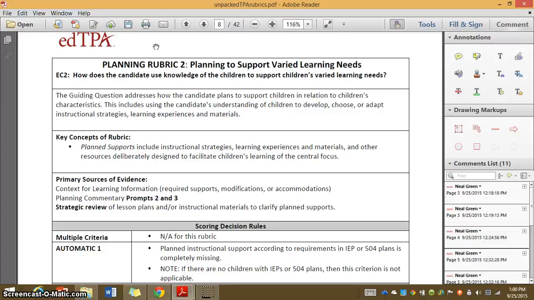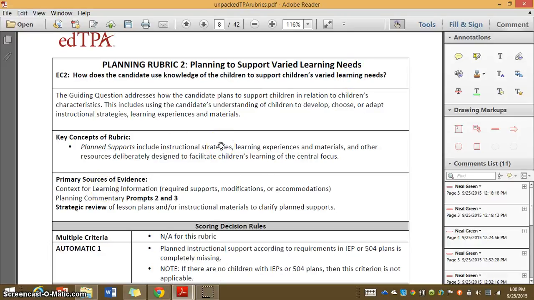But right now, for our purposes, we're going to discuss what they are, the main questions, key concepts, some vocabulary that you need to know, and primary sources of evidence, or how you're going to prove that you met or answered that question. You're going to use these primary sources of evidence to answer the question in each of these rubrics.